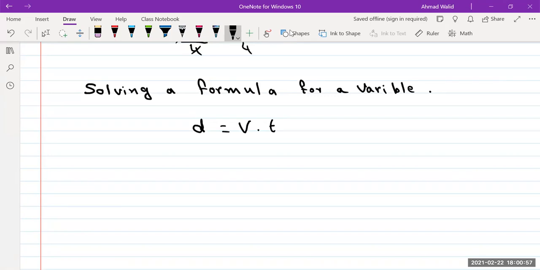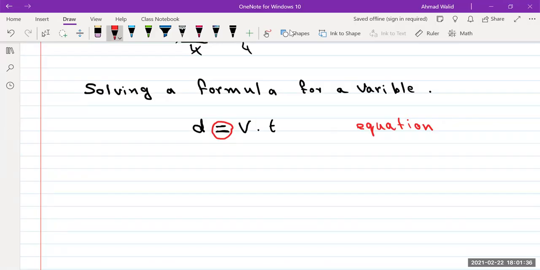First, before solving this formula for a specified variable, let me explain something. When you are writing a formula, do you see the equation sign here? The equation sign gives me an idea that a formula is basically an equation, correct?